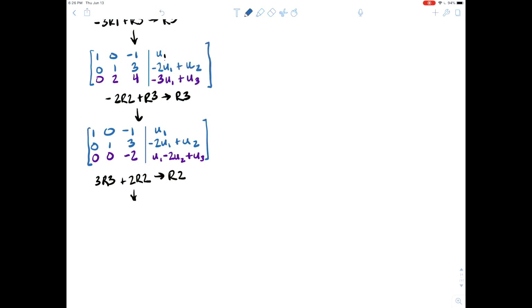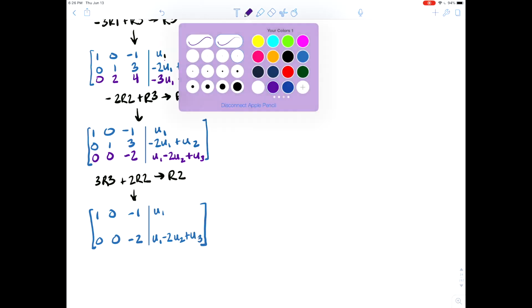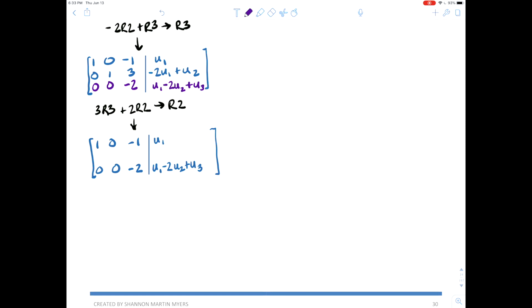All right, so we'll have 1, 0, negative 1, U1, and then the third row will stay the same. And we'll have a new second row. All right, so first component will still be 0, which is great. The next one, be careful, this middle one changes to 2.